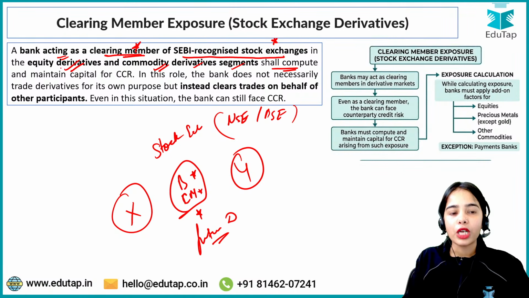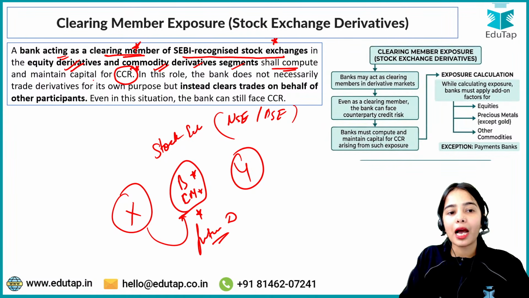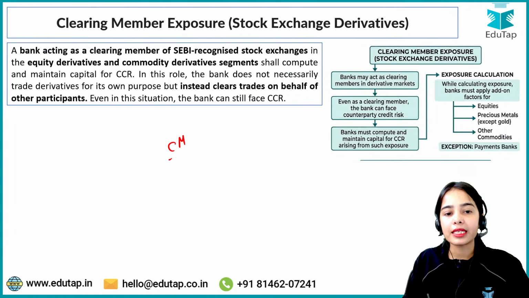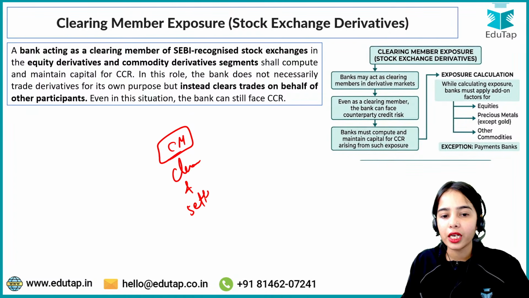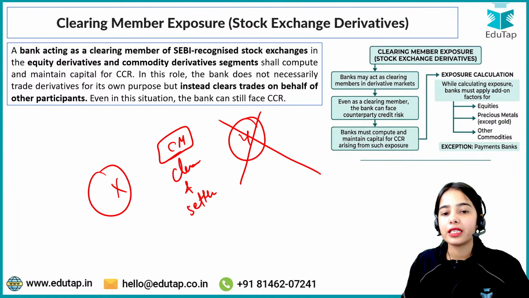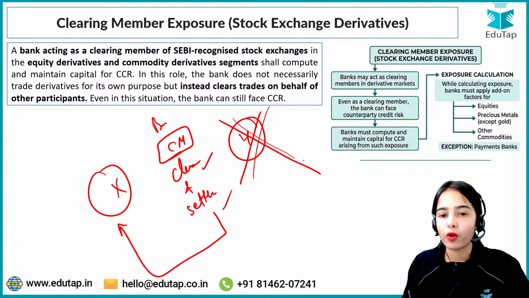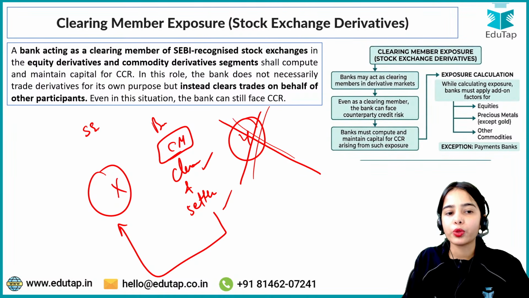Now the bank, if it is the clearing member, also has to maintain the capital for the counterparty credit risk. Even if the bank is acting as a clearing member, because it has to settle the trade between X and Y, if Y defaults, the clearing member, that is the bank, still has to clear and settle the trade, because the transaction is happening through the stock exchange.